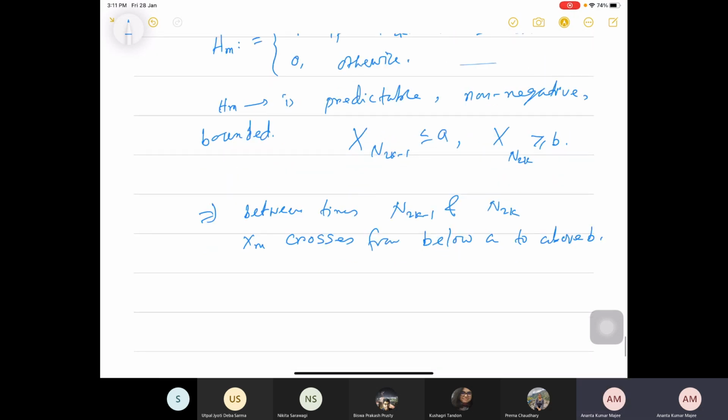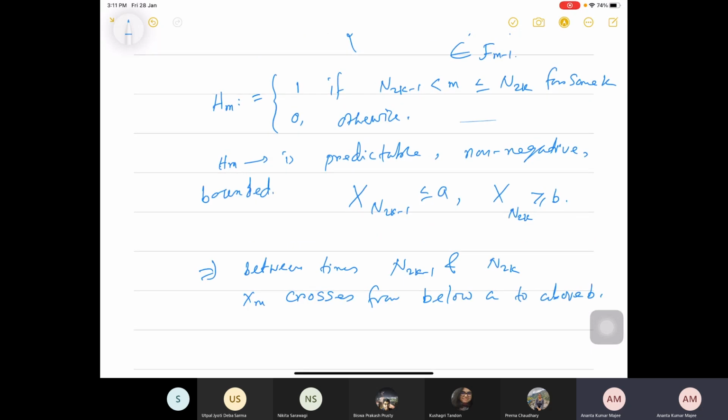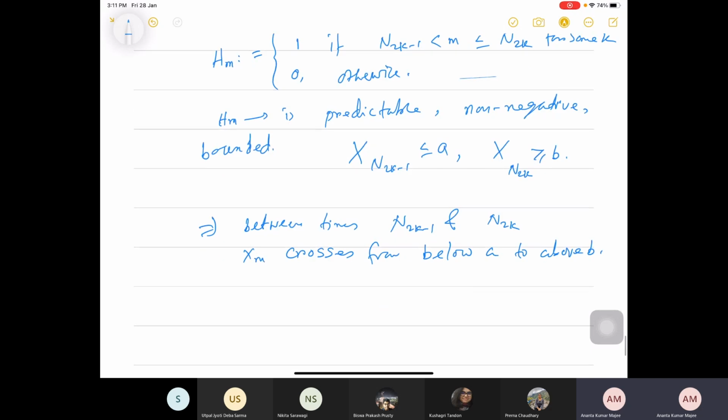Is it not? So if m is there, then it crosses from a to b, and h of m counts that upcrossing.